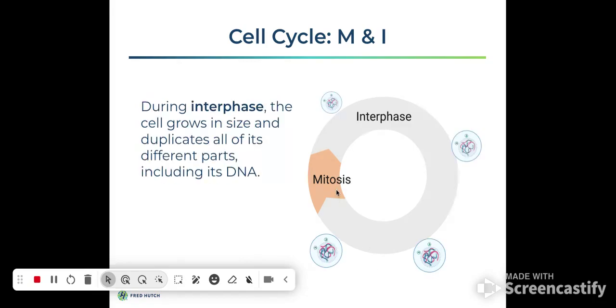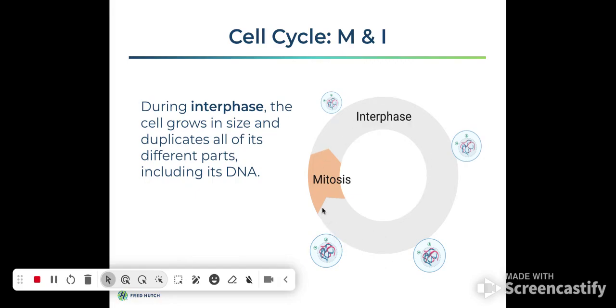You can see mitosis is relatively short compared to interphase, which is much longer. During interphase, the cell grows in size and duplicates all of its different parts, including its DNA. I'm going to fix the coloration because the interphase ring is the same color as the background.